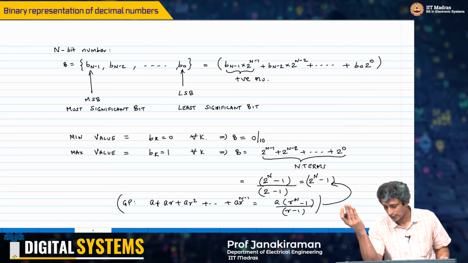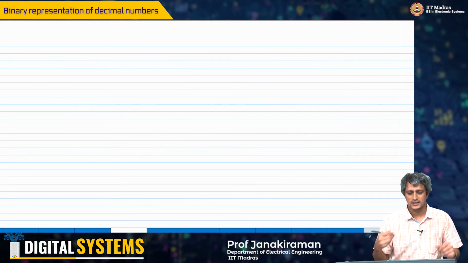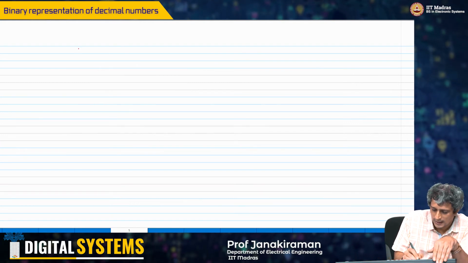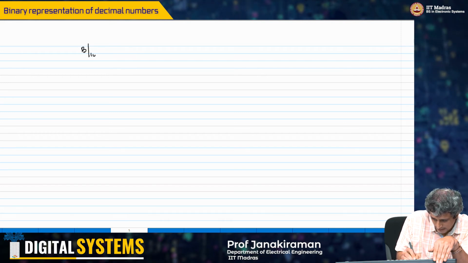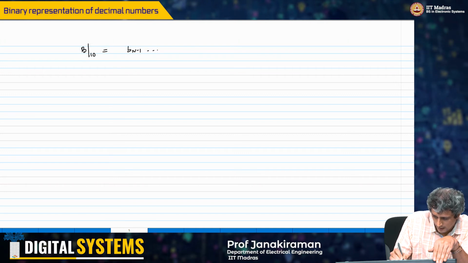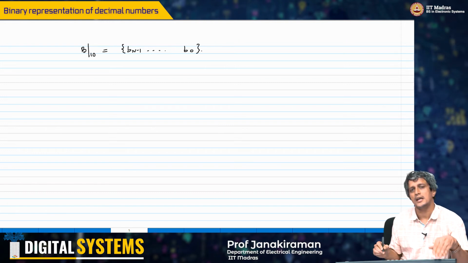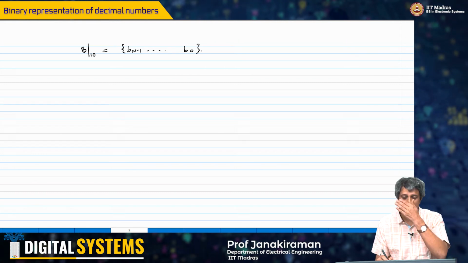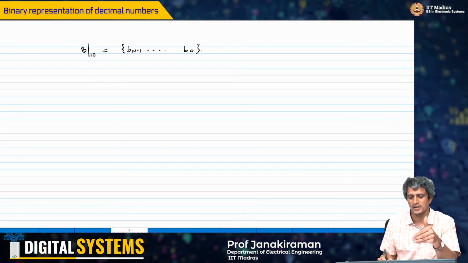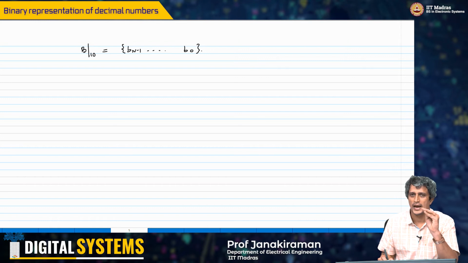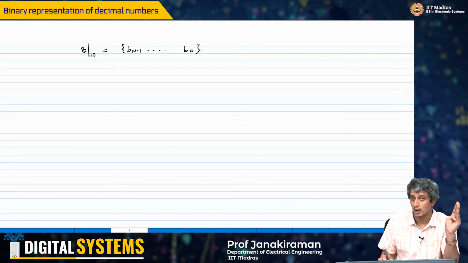So now what you can do is, you can take a decimal number, let's say a number b in base 10, and represent it as an n bit number b(n-1)...b0, where n is the minimum number of bits needed to represent it as an n bit binary number. So n is chosen so that you are able to accommodate that number.